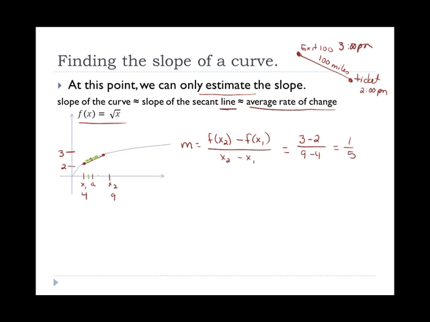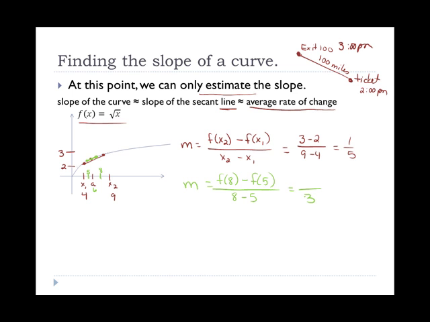So maybe now this would be at 5. Maybe this point is actually at 6, and maybe this is at 8. Okay, so to find the slope of the green line, we're going to do f of 8, so we're going to plug in 8, minus f of 5, all over 8 minus 5. So the easy part is the 3 on the bottom.